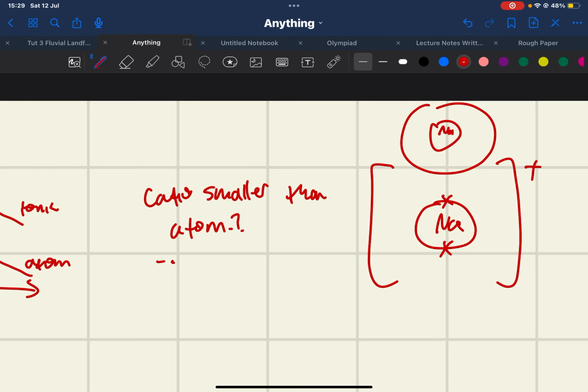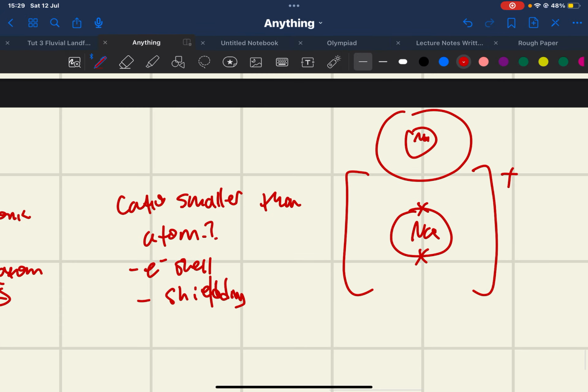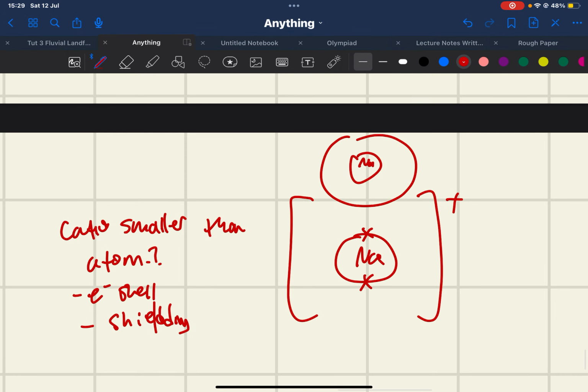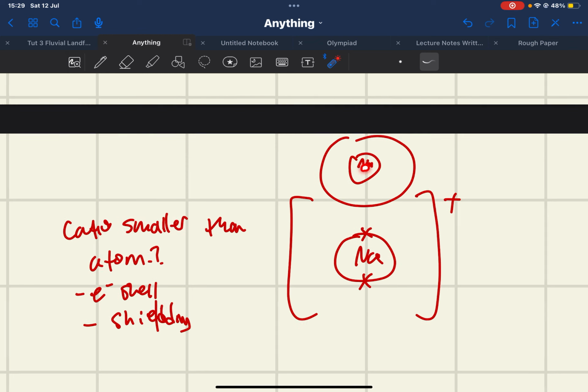And then there's still one more explanation. We talk about the electron shell, but we also haven't talked about the shielding effect. From the nucleus here to here, there's a barrier that shields the attraction. So the attraction to the valence electron shell is much weaker.